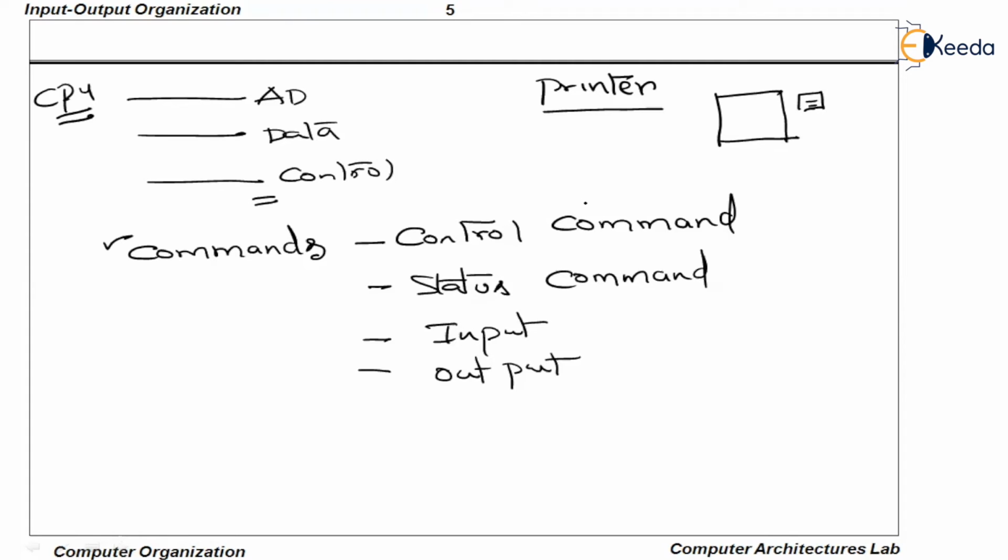By using this control command, the motion of the paper will be controlled. Unless we send the appropriate control commands, the paper will not be moved inside the printer, because some mechanical activities should be performed. When printing is performed, paper has to move horizontally and vertically.